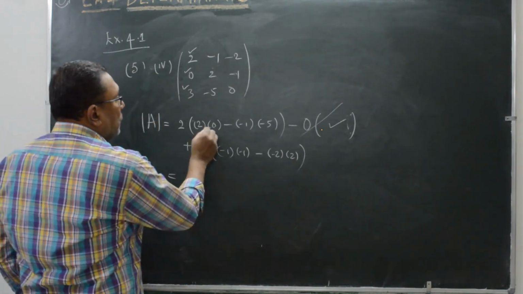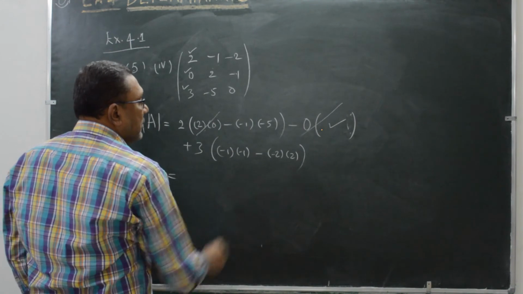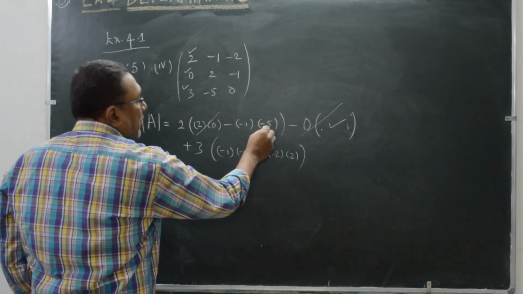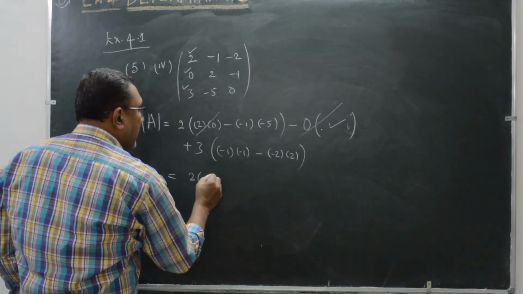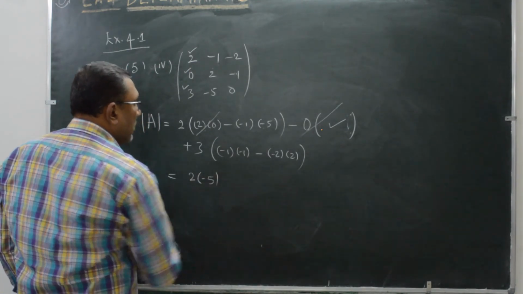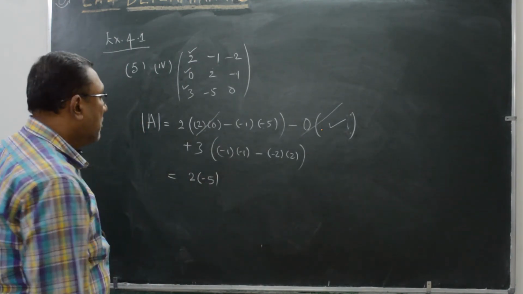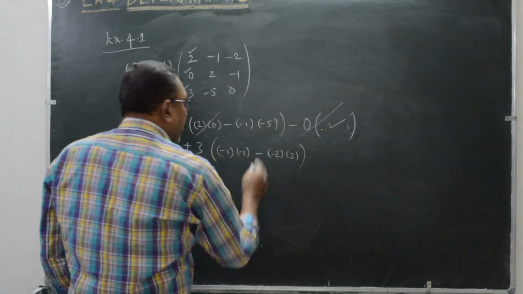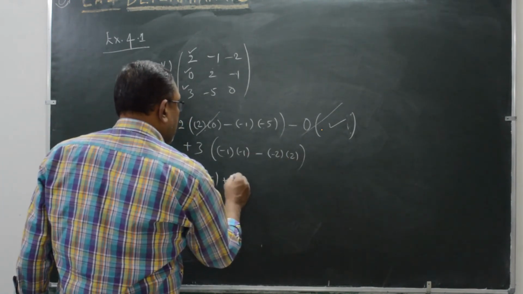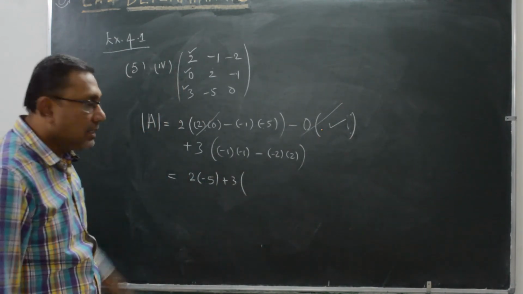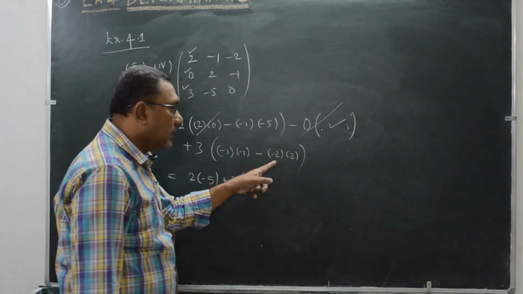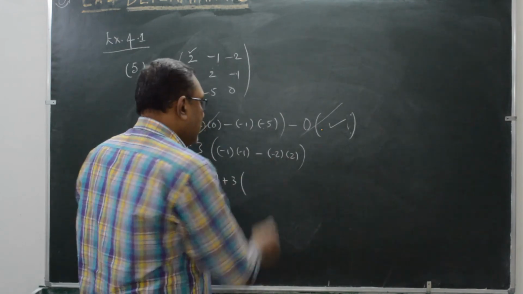So 2 into 0 vanishes, minus 1 minus 5 is plus. Therefore 2 into minus 5, and here it is 0 and plus 3. Minus 1 into minus 1 is plus 1, and here it is 4 minus 4, this will become plus.